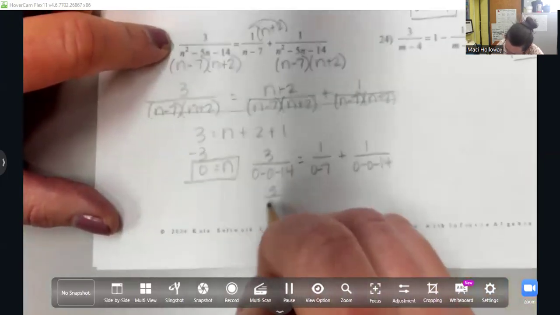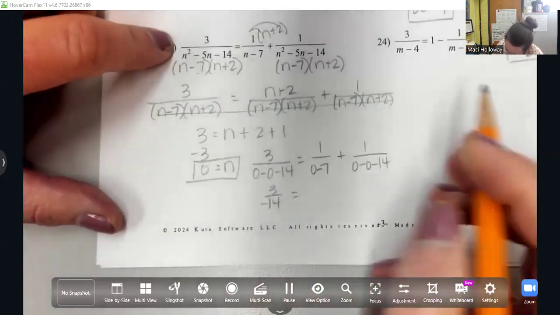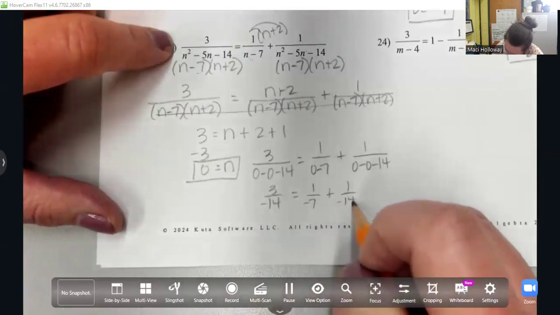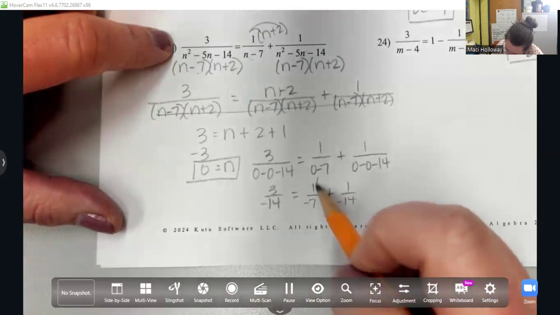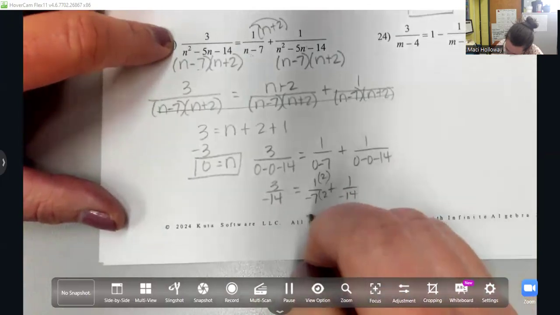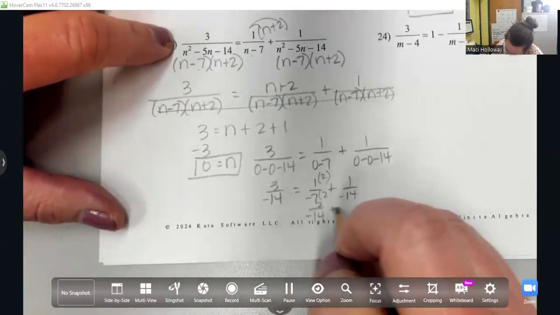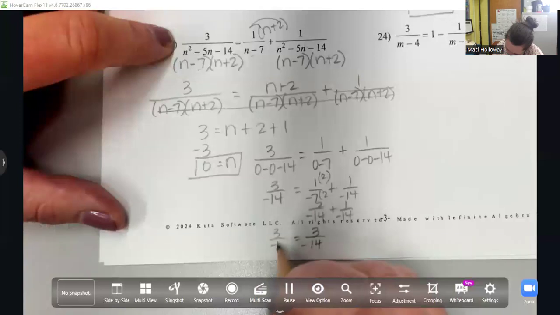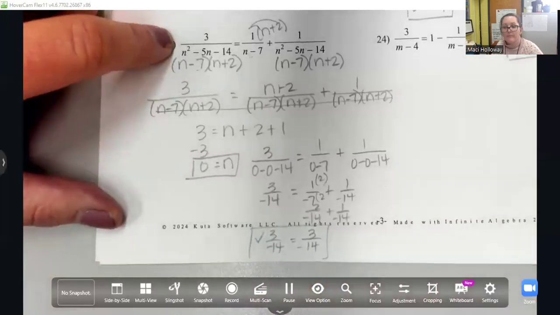So we have 3 over negative 14 equals 1 over negative 7 plus 1 over negative 14. So let's multiply this guy by 2. And we get 3 over negative 14. That works out. That is just fantastic.